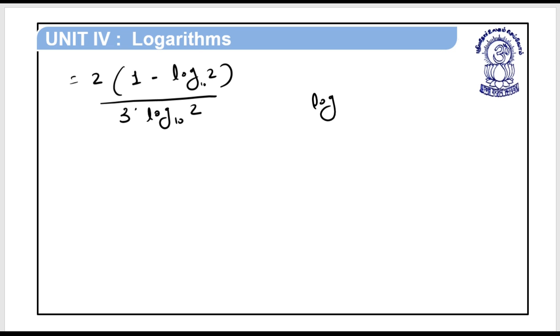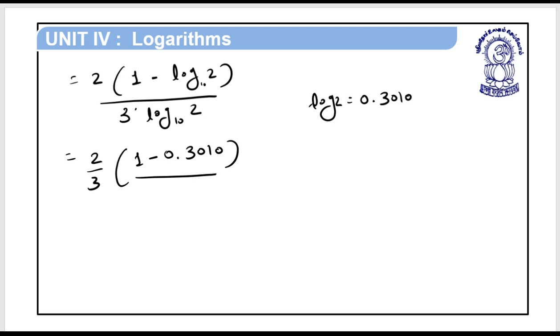Here log 2 is equal to 0.3010, given. So 2 by 3, 1 minus 0.3010 divided by 0.3010.